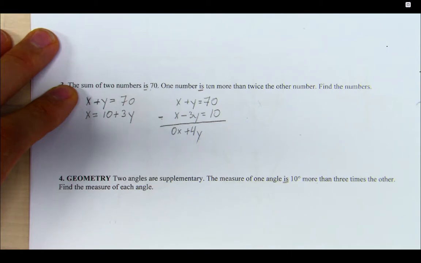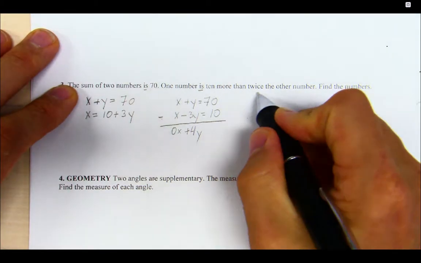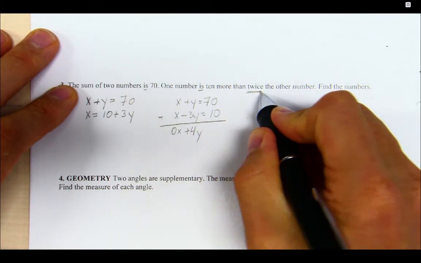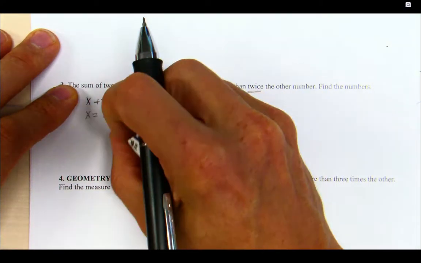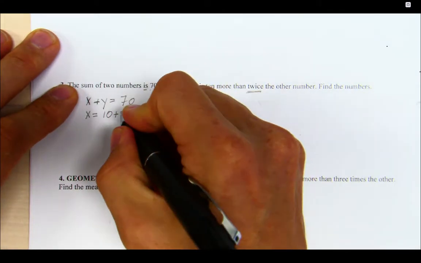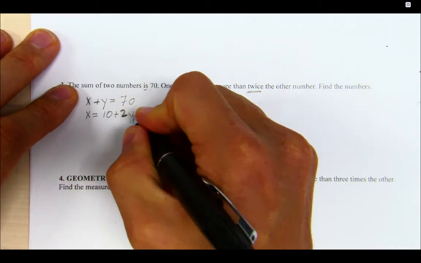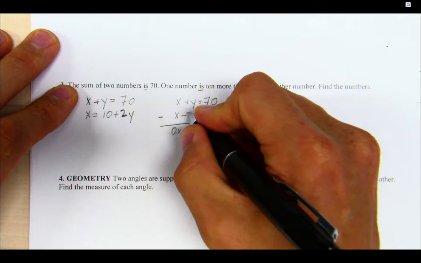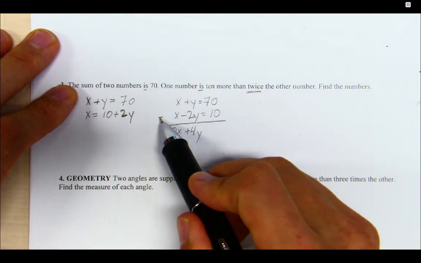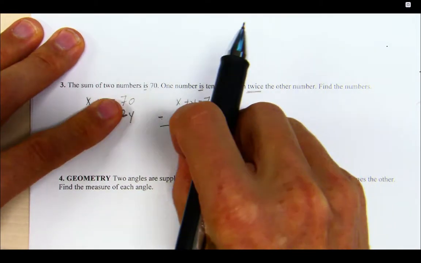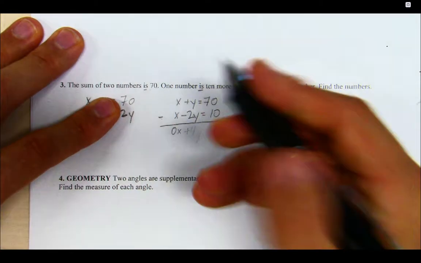Oh, hold it. I made a mistake. This is supposed to be more, is just twice the other number, not 3 times the other number. So I got to go in here and erase this out. And this should be 2y in there, and this should be 2y here. So that makes this plus y minus 2y is 3y instead of 4y.